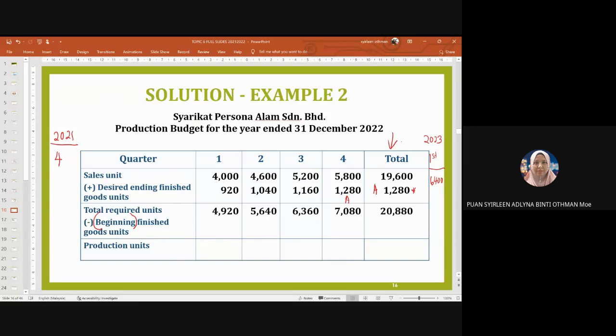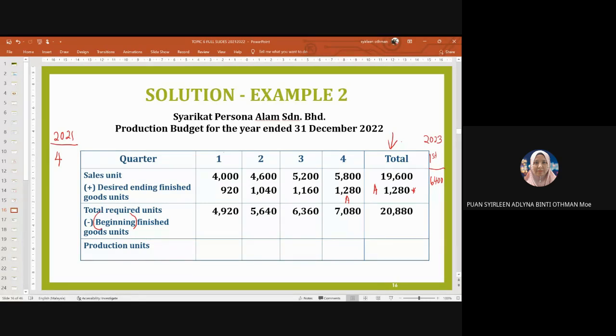Ending inventory quarter 4 2021 is the beginning inventory for quarter 1 2022. Okay, yang tu IKIV dulu saya tak buat lagi, sekejap lagi saya tunjuk. Okay, tapi kita follow yang ada sekarang lah.